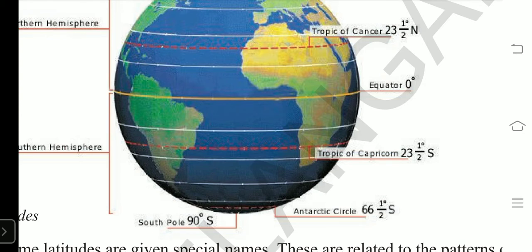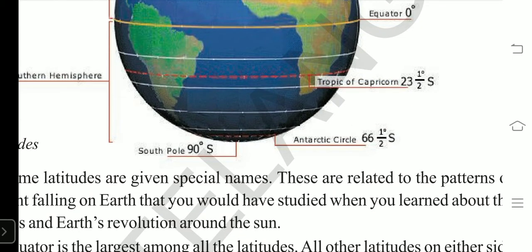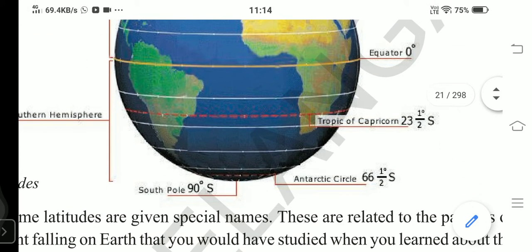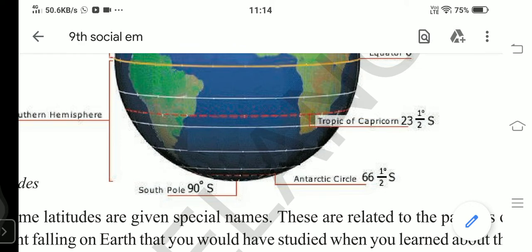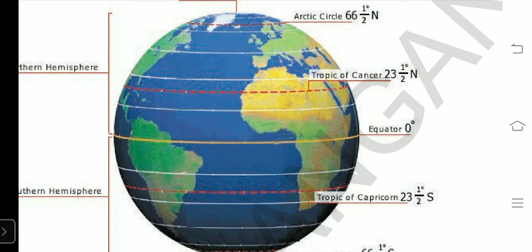Next, longitudes. Longitudes are also imaginary lines like latitudes, which are drawn from the north pole to the south pole, right? These are semicircles. So there is the Greenwich meridian.